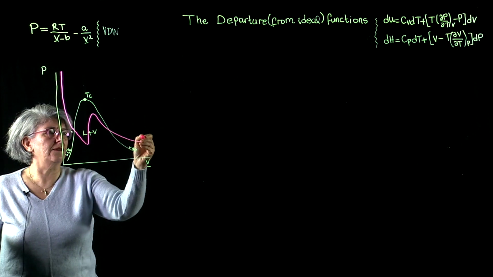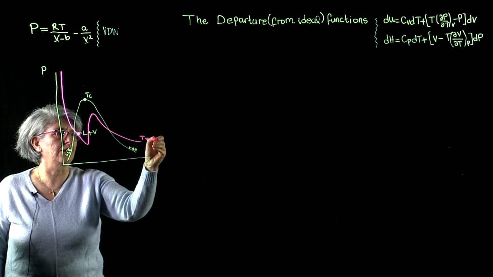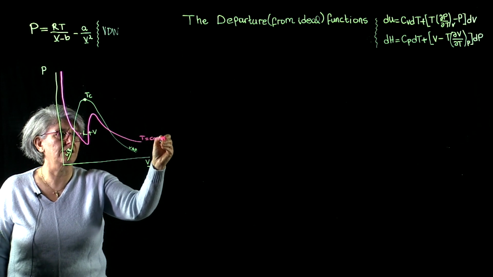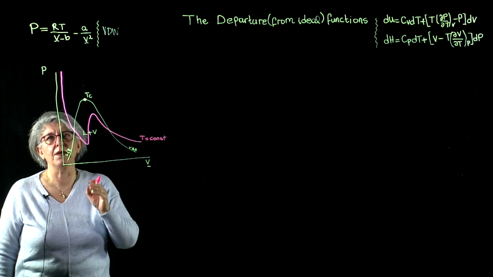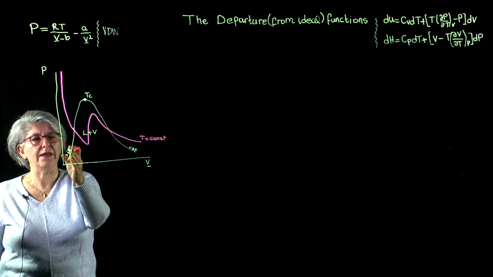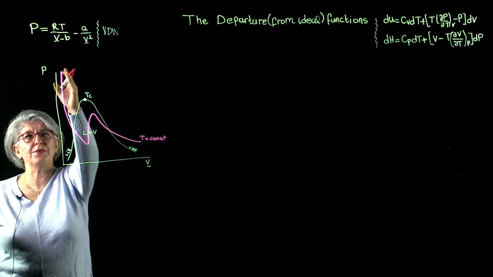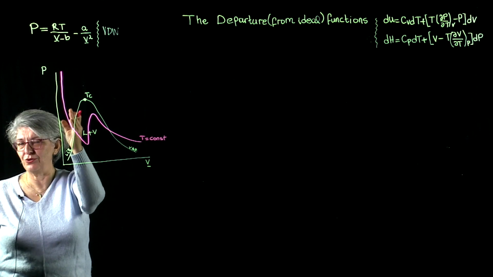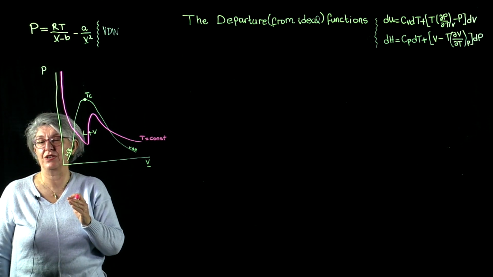So this is a constant temperature line. On the liquid domain, the change in pressure does not induce too much change in volume.